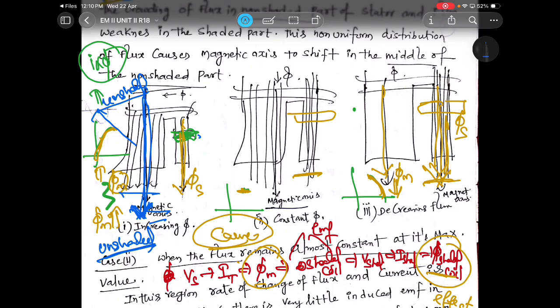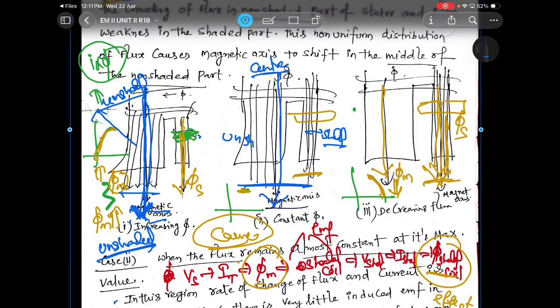Here, more amount of flux is there in which portion? Unshaded portion. So the magnetic axis will be in the unshaded portion. Now, when the flux is constant, in both the unshaded as well as the shaded portion the fluxes remain the same. So the magnetic axis will be at the center.